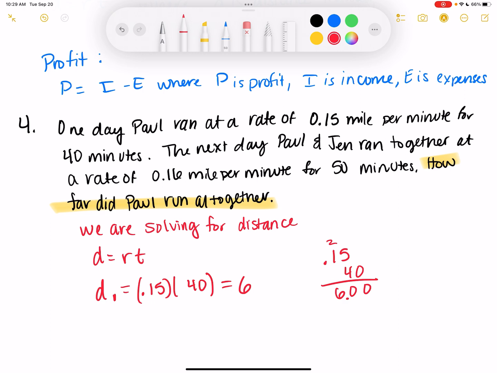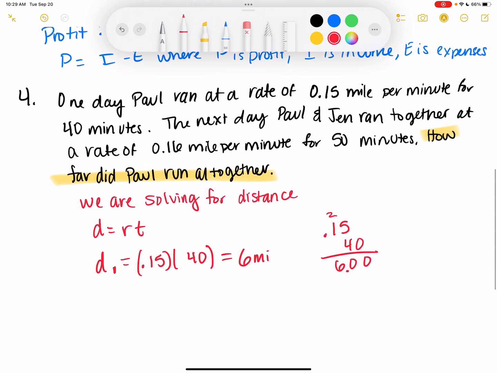Is that right? 6 miles? Oh, miles per minute. Never mind. Thinking miles per hour, and I'm like, whoa. So he did 6 miles on day 1.